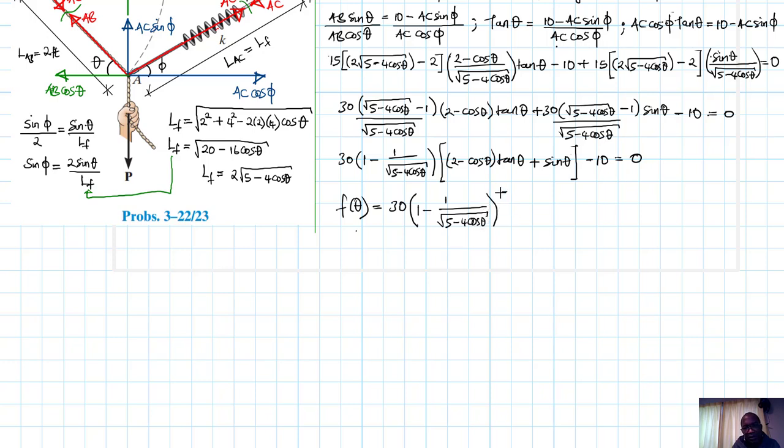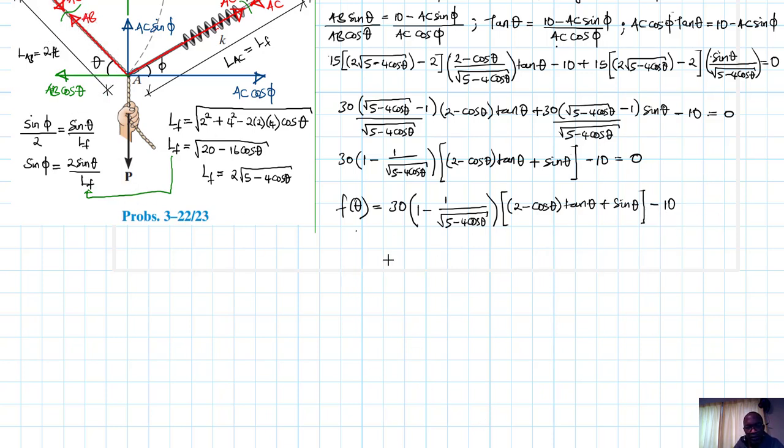Then we close this, then we open this, then we say (2 minus cos theta) tan theta plus sine theta minus 10 equal to 0. We'll just leave it like that.